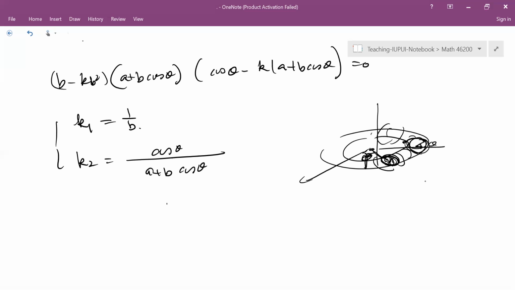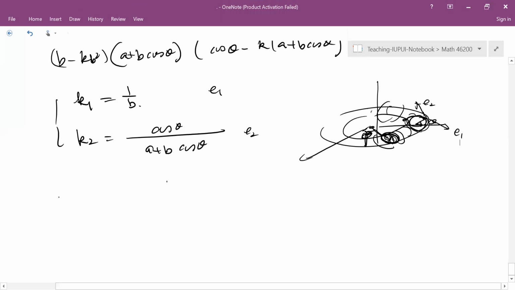I'm pretty sure if this is a vector E1, E2, E2 should be in that direction. E1 should be in this direction. Because it's constant, the curvature of the circle is constant, but inside the surface is more curved than the surface outside.